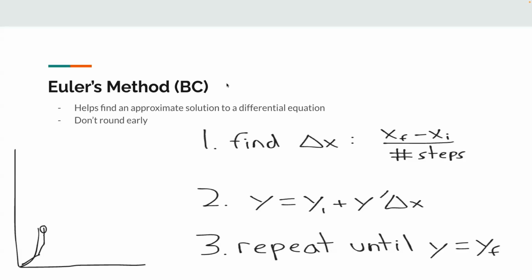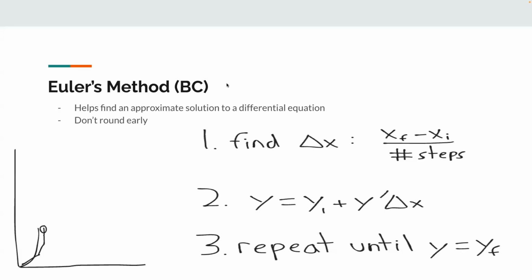As you can see from the curve I drew, initially we draw one line, then the next line, then the third line, and then we get to the end. That's all step 2 is doing. Then we repeat step 2 until we get to the final x value, and that's how we approximate it.